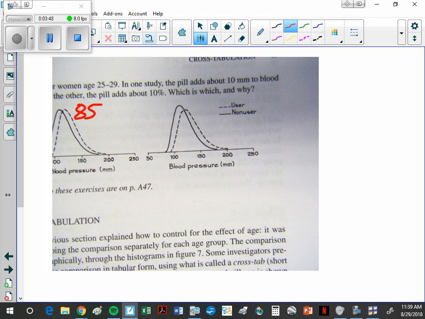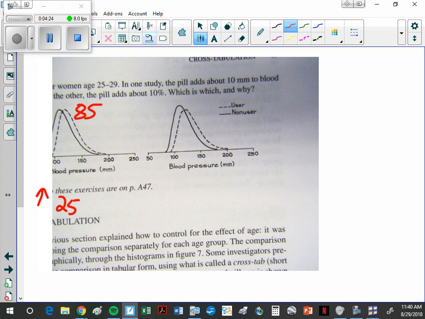We could multiply by 0.1 and then add it back to the original, but the fast way to do it is multiply by 1.1, right? How would I go up 25%? Multiply by 1.25. You could multiply by 0.25 and then add it back to the original, but 1.25 will do the whole thing at once because it's 100% and 25%.